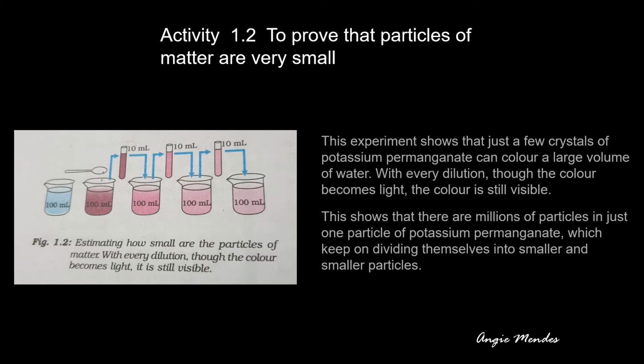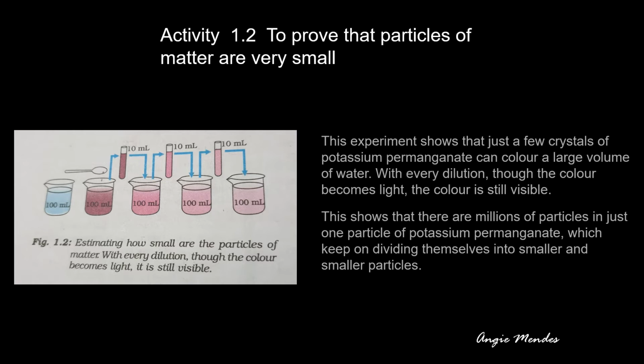Now from this beaker, we are going to take 10 ml of the colored solution and add it to beaker 2. Now we will see that the clear water which was present in the second beaker has got colored. Every time we take 10 ml from the previous beaker to add it to the next beaker containing water, we will see that the clear water in the subsequent beakers gets colored.